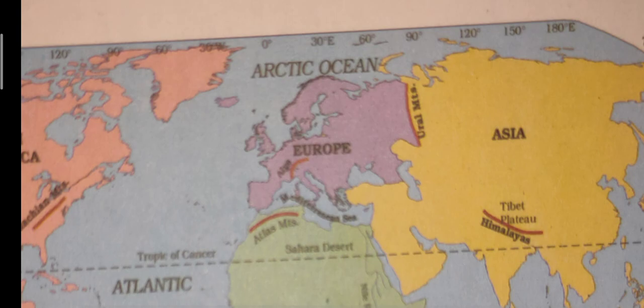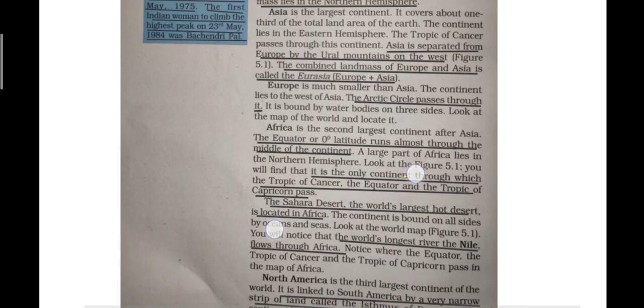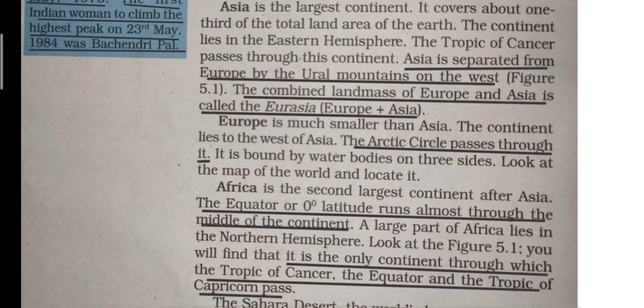And lastly the combined landmass, means together the landmass of Europe and Asia, is known as Eurasia. Eurasia means Europe plus Asia. Okay, so this is about Asia.